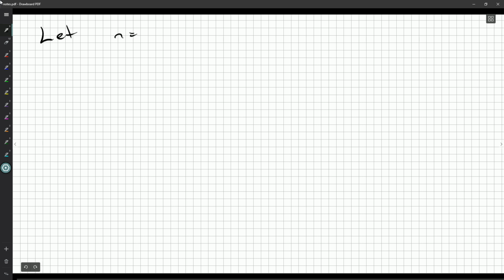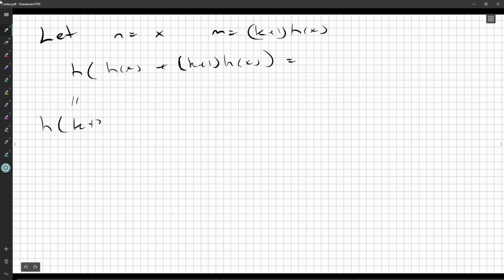So if you let n be x and m be k plus 1 h of x, then h of x plus k plus 1 h of x is going to be, so this thing here is, we've added one more x. We get 1 plus x plus h of k plus 1 h of x.